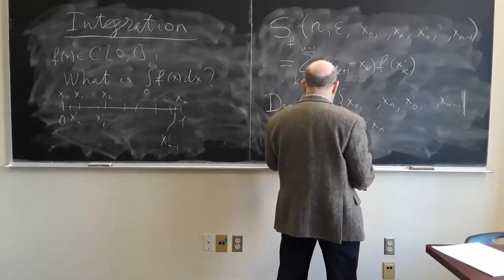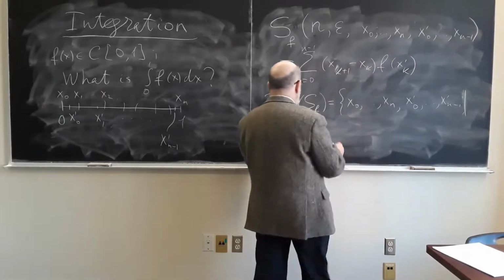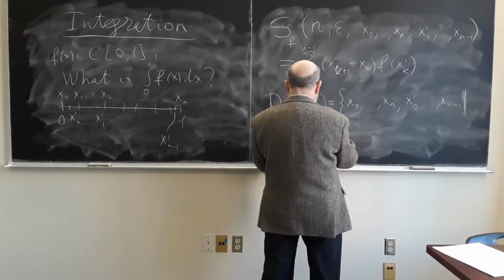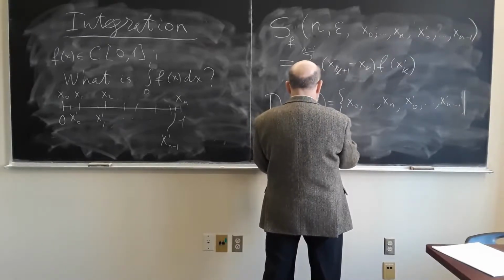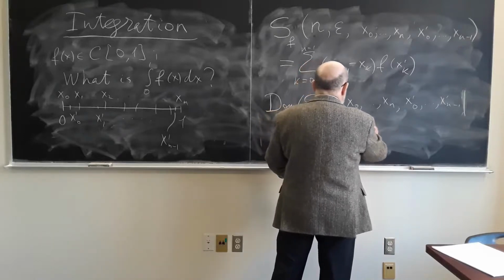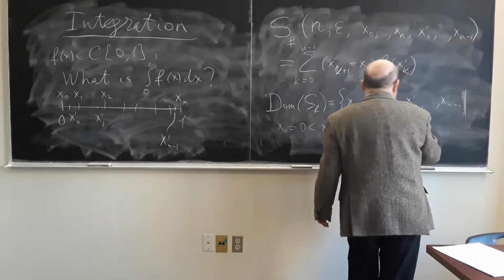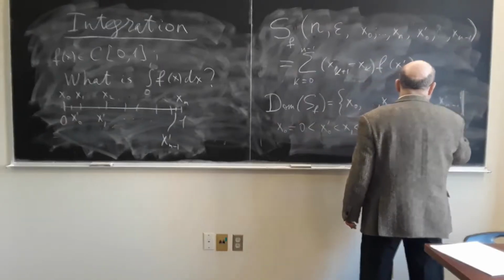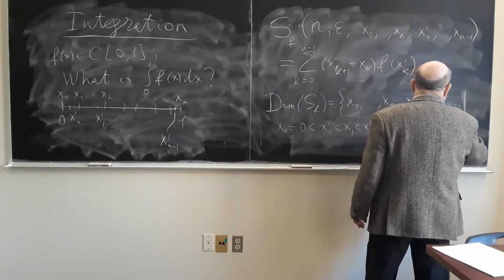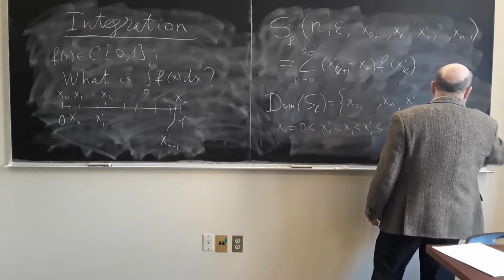Let me write both: less than x0 prime, less than x1, less than x1 prime, and so on, less than x(n-1), less than x(n-1) prime, less than xn, which is 1.